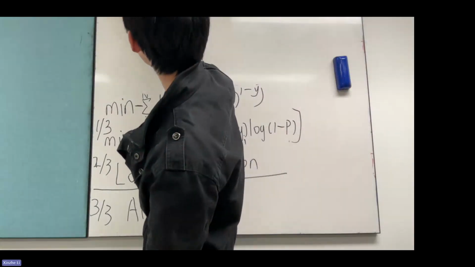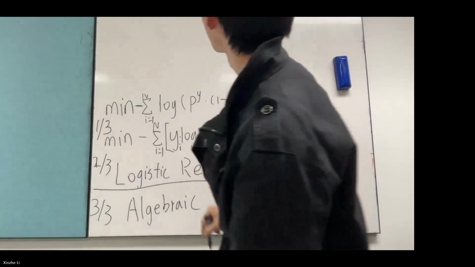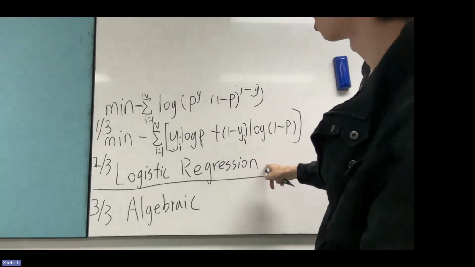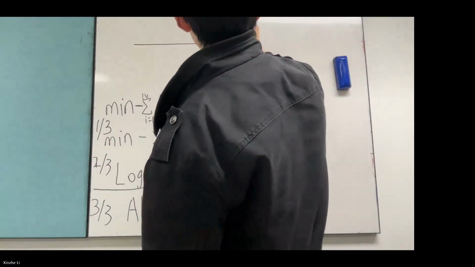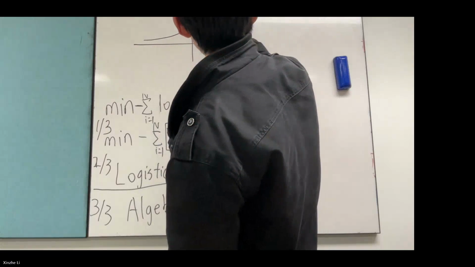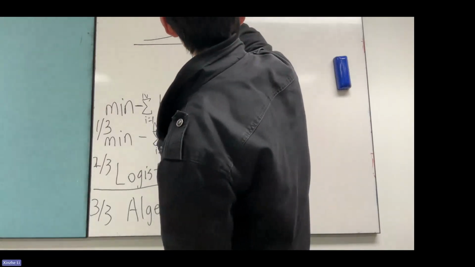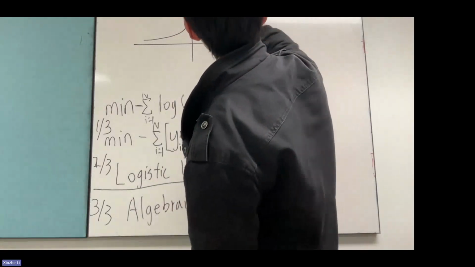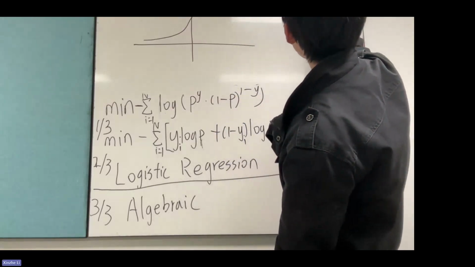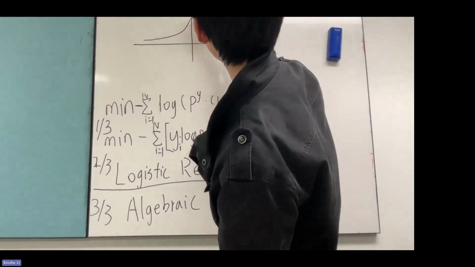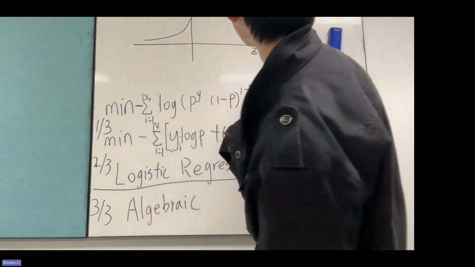So that will be the prediction. This is the function of logistic regression. So what's the sigmoid function? If I say z equals beta 0 plus beta 1 x, then this would be y hat, okay?